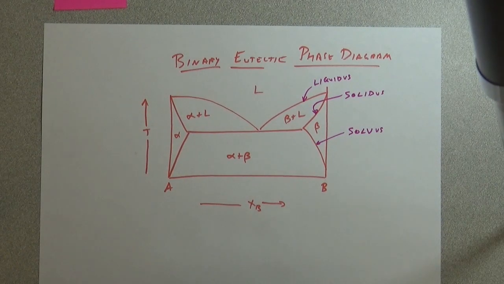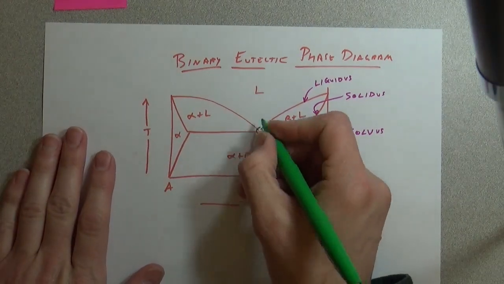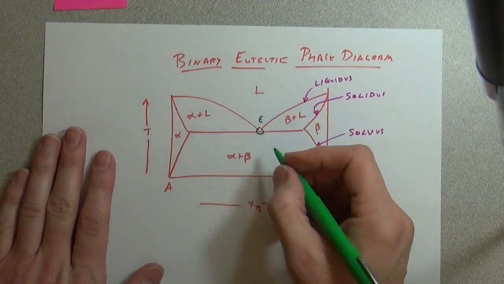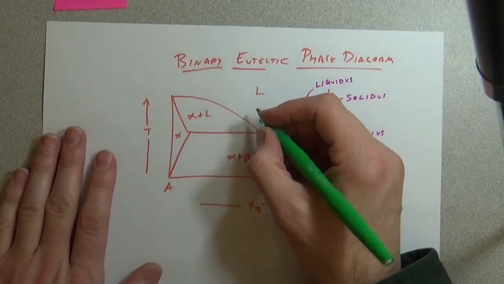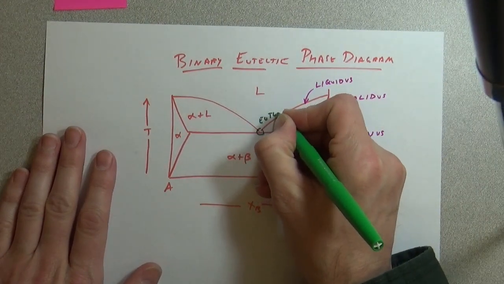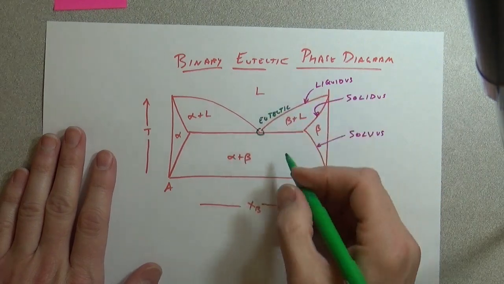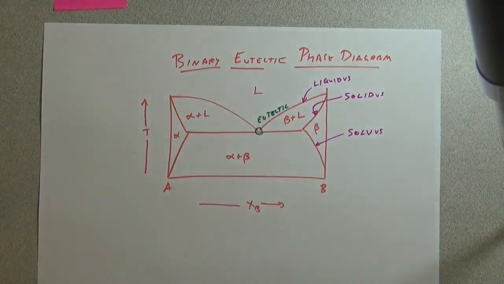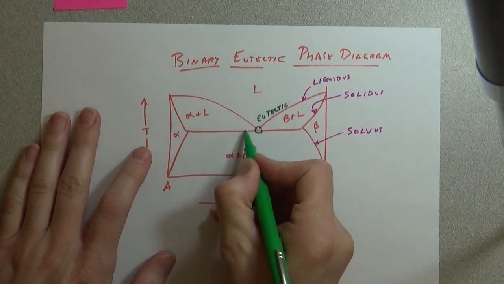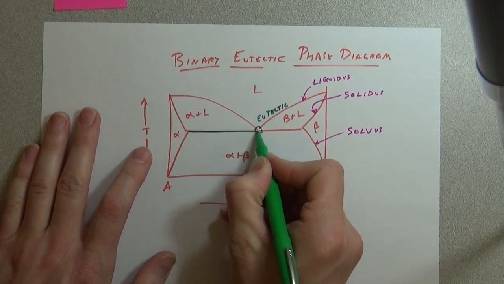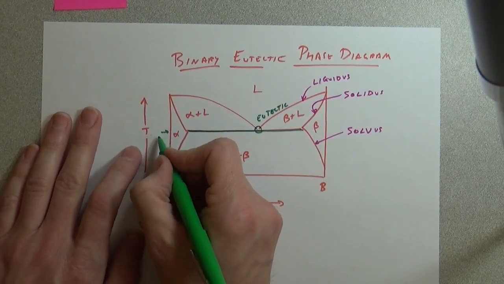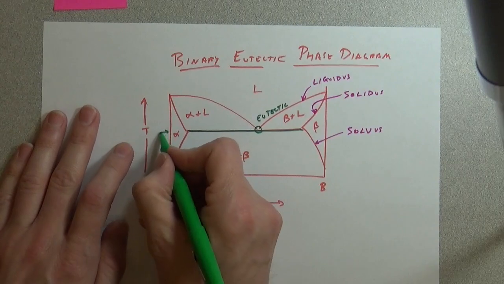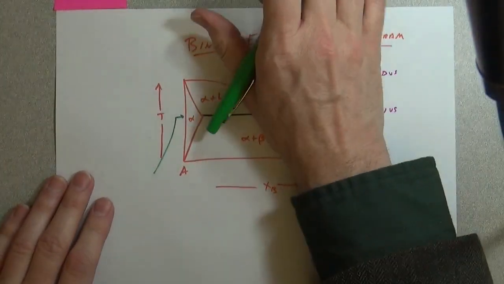And then this point, E, this is the eutectic point. What's interesting about that is that anything along this line, this temperature, is called the eutectic isotherm.